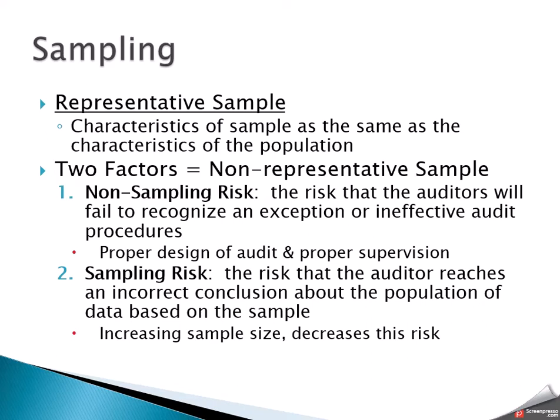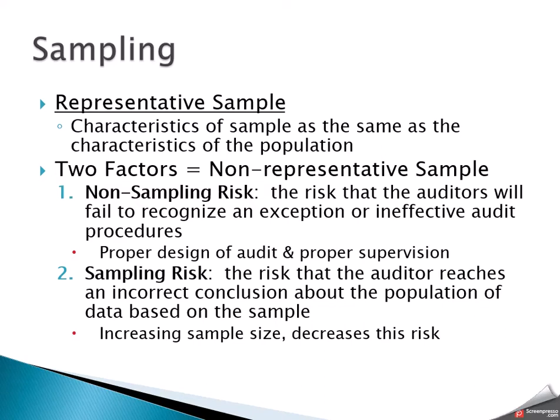Then we have two factors of non-representative samples. Non-sampling risk is the risk that the auditors will fail to recognize an exception or will use ineffective audit procedures. The proper design of the audit and proper supervision will help eliminate that non-sampling risk.